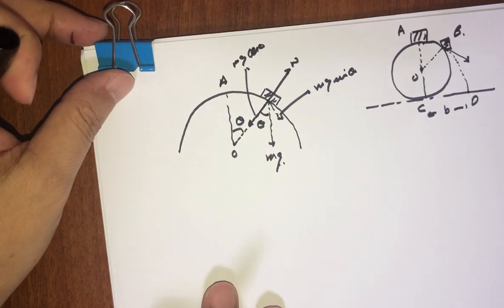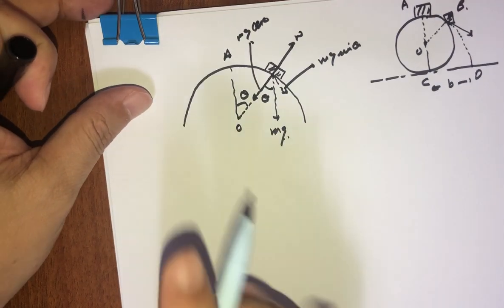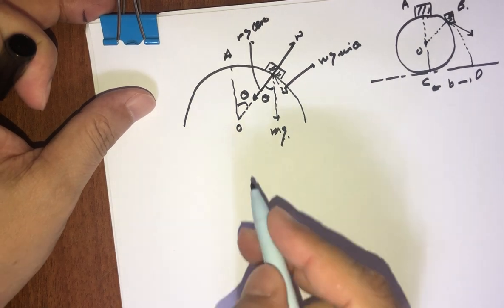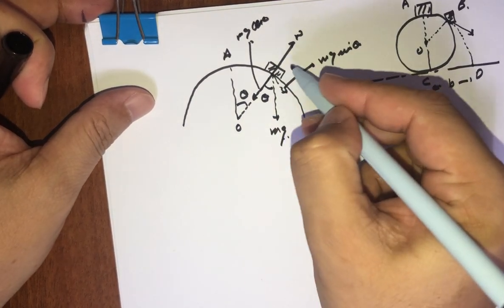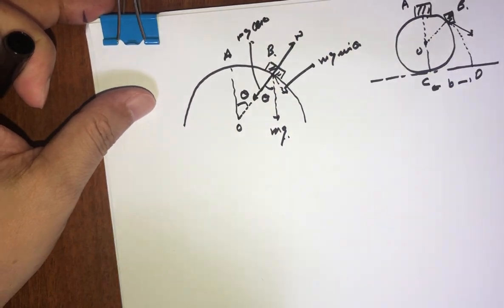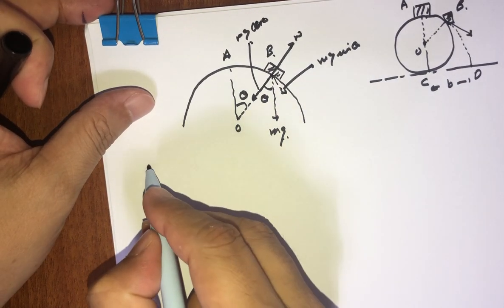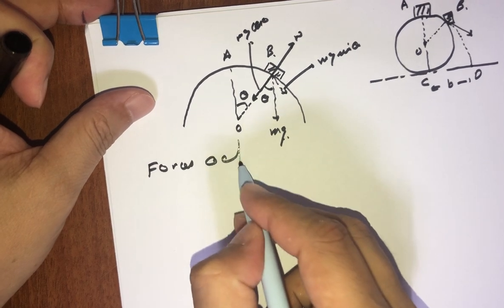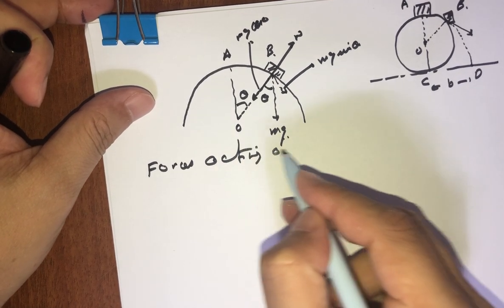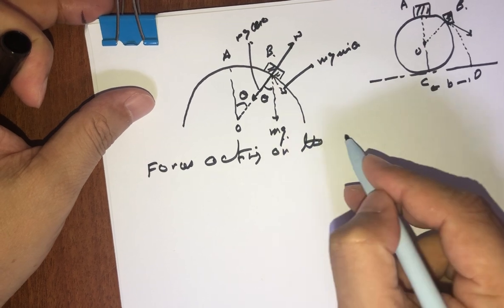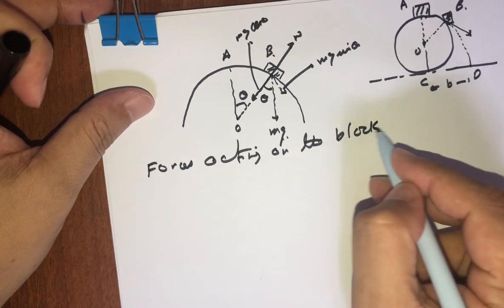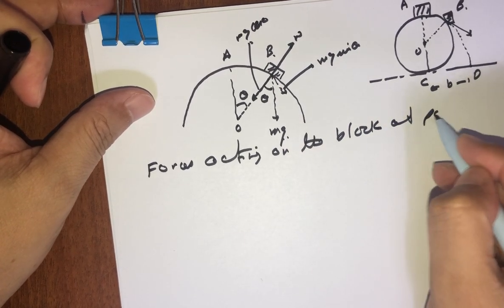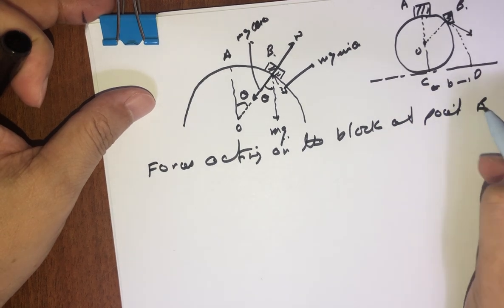Now based on this, we can find out the forces acting on the block at point B. So this is position B. So we can write the forces acting on the block at point B.